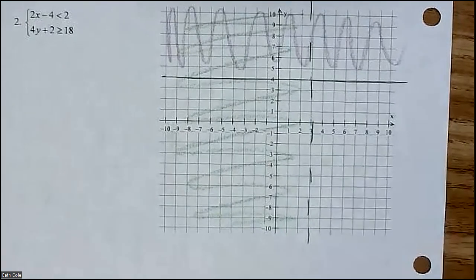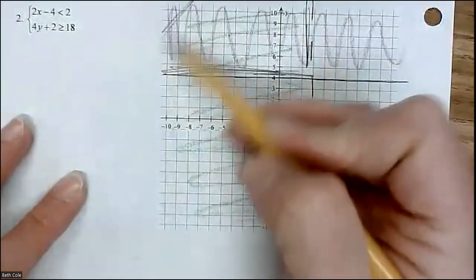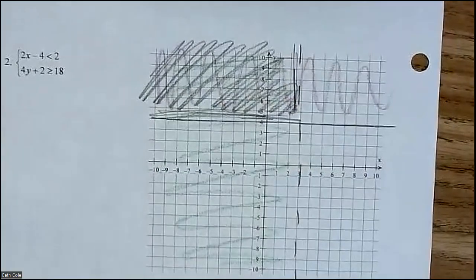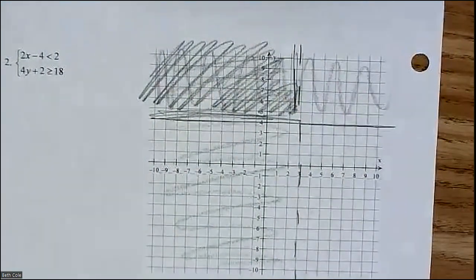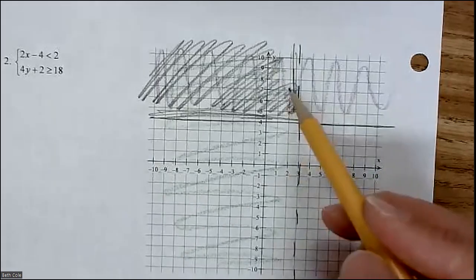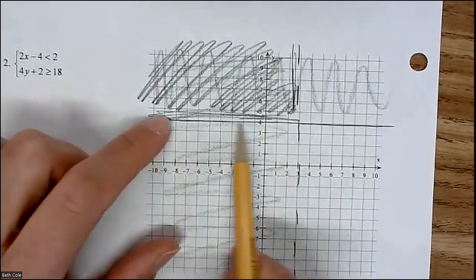Top left. Good. This portion right here is where the overlap is. So maybe take like your regular pencil and just sort of bold that part in. And let's like state some points that are part of the answer. Like, can you give me a point that's part of the solution? Or -3, 8. -3, 8 would be good. 2, 7 would be good. How about anything along this solid line?